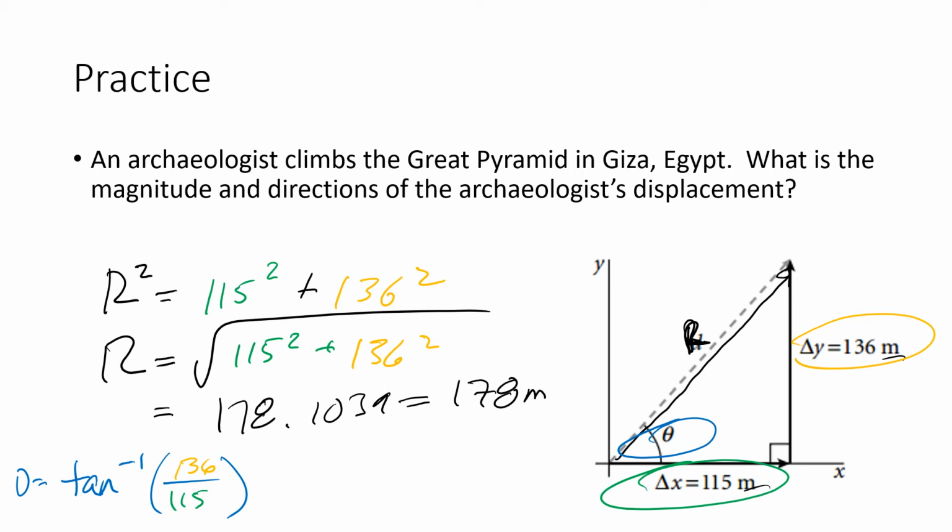Let's put these to the nearest whole number for our angles. I got 49.78, so this is going to be 50 degrees. So my final answer will be 178 meters at 50 degrees.